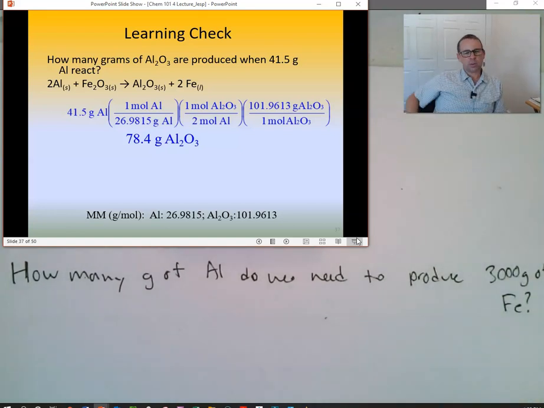Now, this is a fine question to ask here, because this chemical reaction is one they use to weld railroad ties together, right? They bring the railroad ties close to each other.